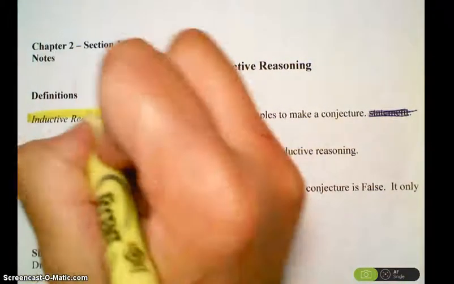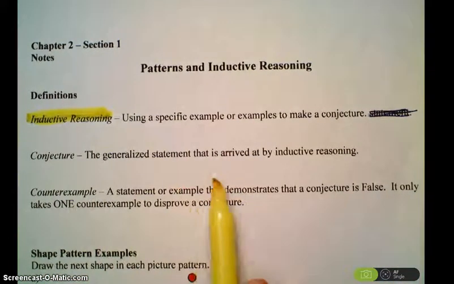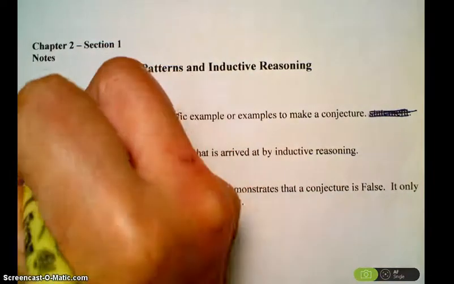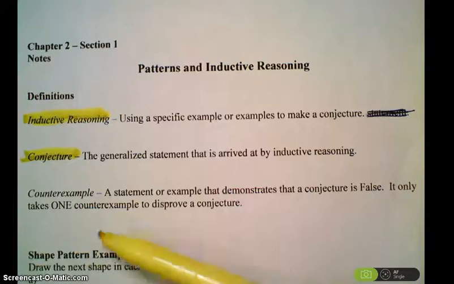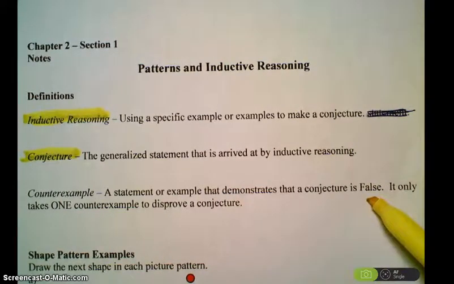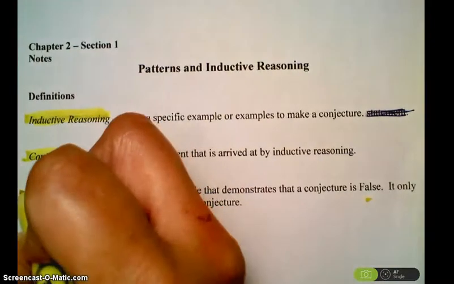The next definition is for a conjecture. A conjecture is a generalized statement that is arrived at by inductive reasoning. And then our next definition is for a counterexample, a statement or example demonstrating a conjecture is false. It only takes one counterexample to disprove a conjecture, okay?